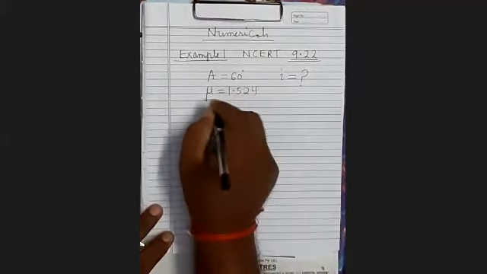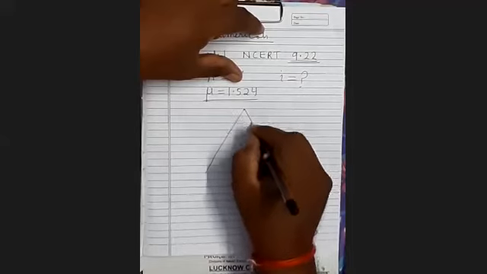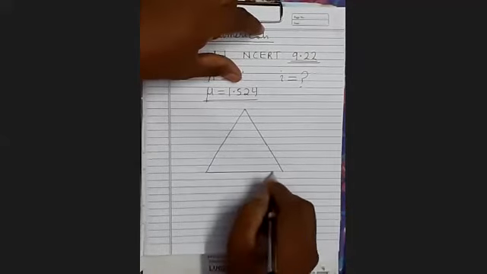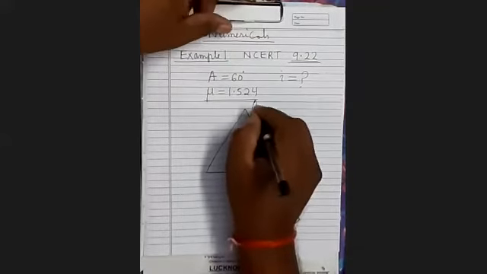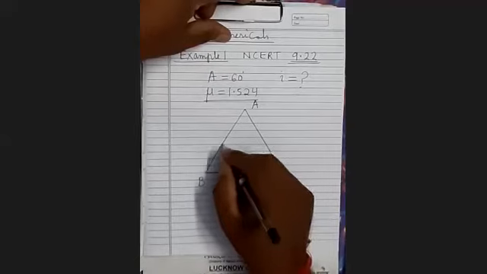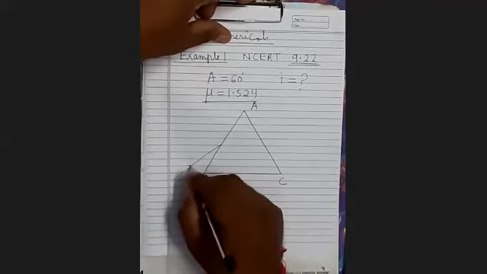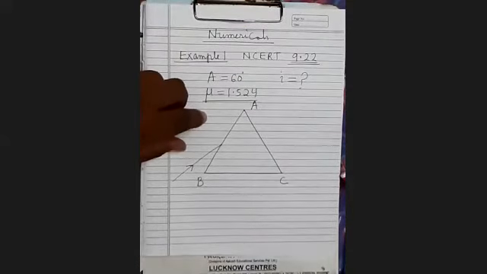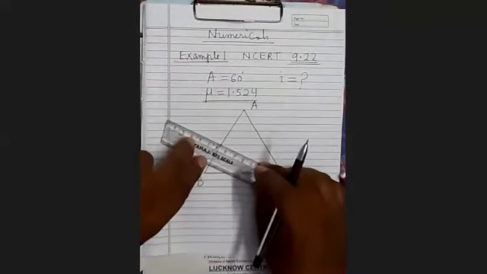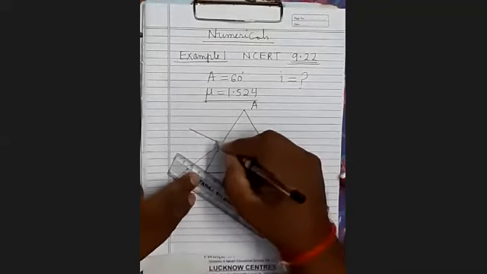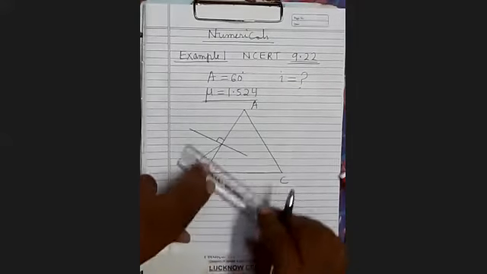If you make the diagram, it will be like this. At what angle should it fall on this face, so that it just suffers total internal reflection at the other face.